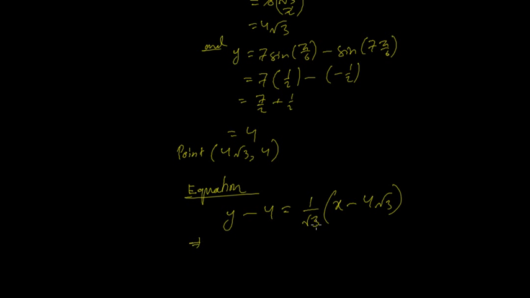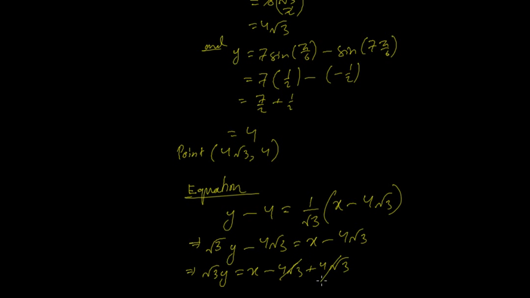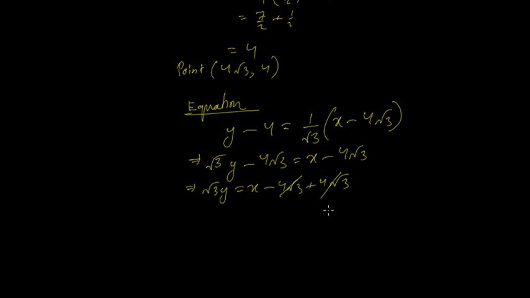So if we simplify, square root of 3 into y minus square root of 3 into 4 is 4 square root of 3, and this is 1 into x is x minus 1 into 4 square root of 3 is 4 square root of 3. So we can write square root of 3 y minus 4 square root of 3 equals x minus 4 square root of 3, and if we send this to the other side, it would be plus 4 square root of 3. So this will cancel. Therefore square root of 3 y equals x. This is the equation of the normal.